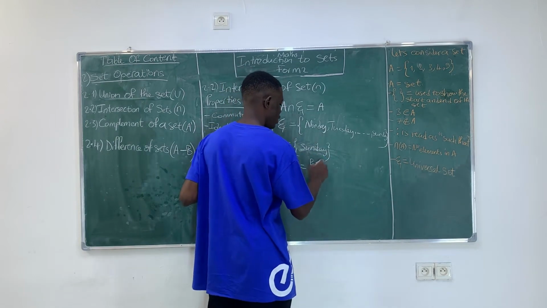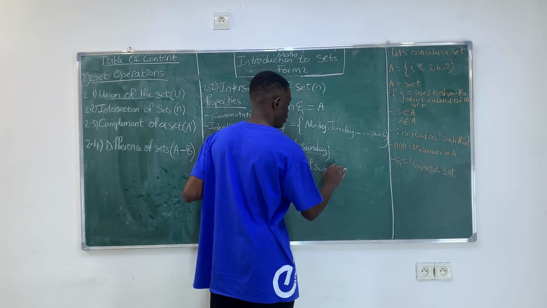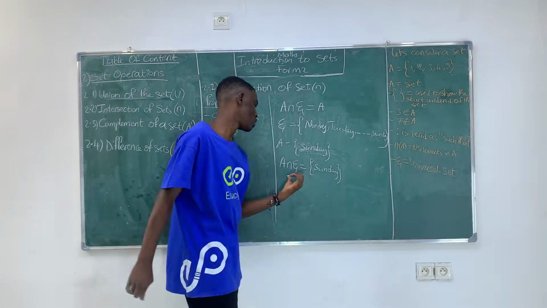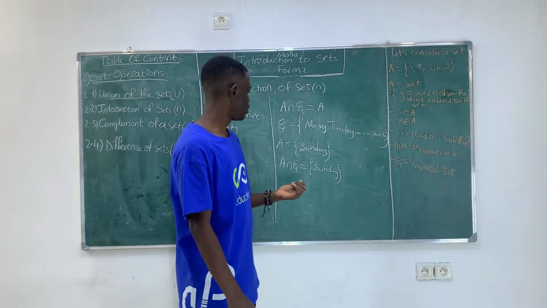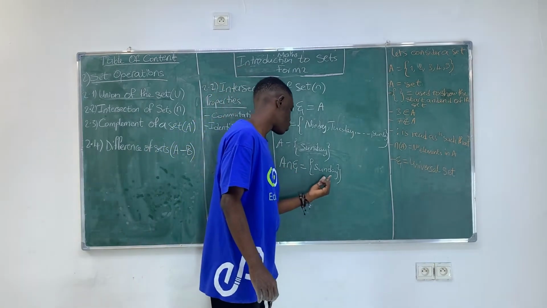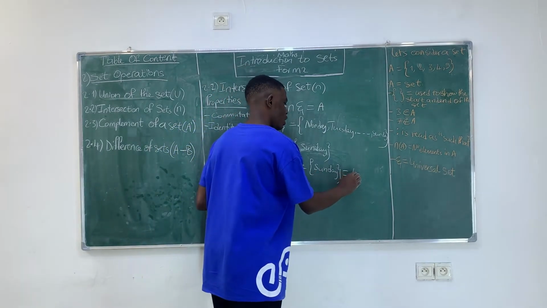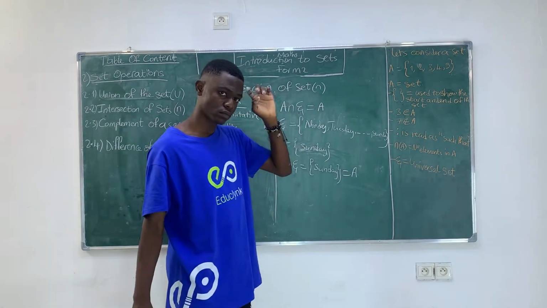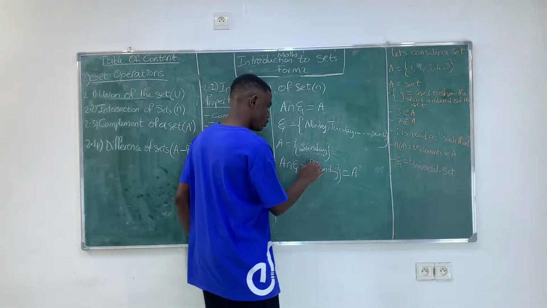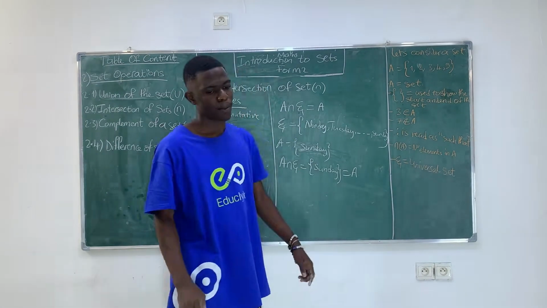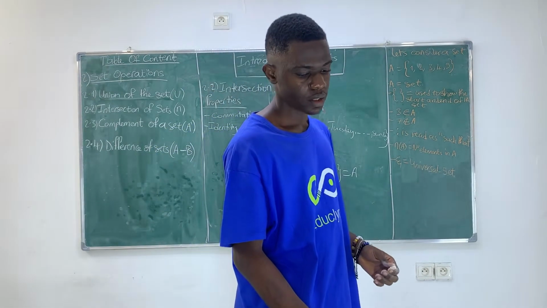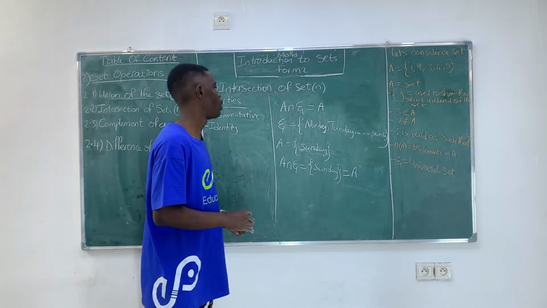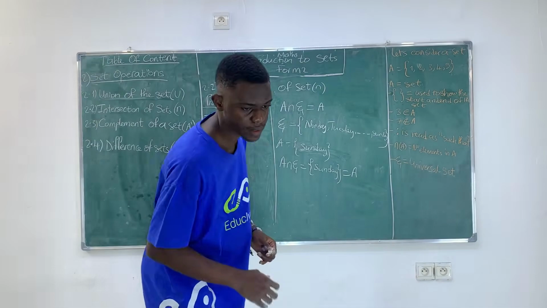So in the intersection, you write Sunday. There is nothing else in A, so there can be nothing else in the intersection. So A intersection the universal set is equal to Sunday, which is equal to A, just like our rule says. That's what the rule says, and it is true. So this is the next property.